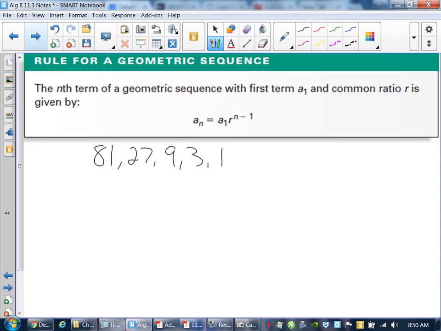So you get this, the nth term of a geometric sequence. Geometric looks like a sub n is first term times your rate to the n minus 1.